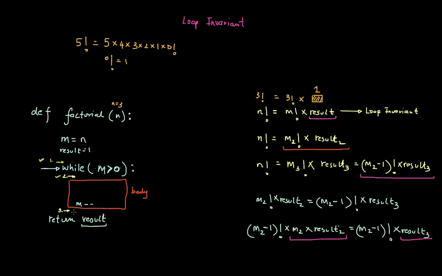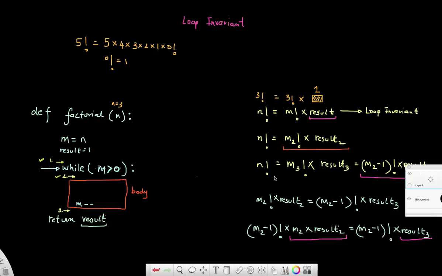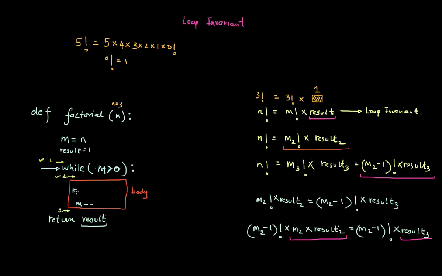Whatever result must be at that point is nothing but m subscript 2 times result subscript 2, meaning that I can now put one more statement in the body of my loop. Okay, the way result changes is result equals result times m. Whatever this result is, it's nothing but result times m. Result equals result times m.